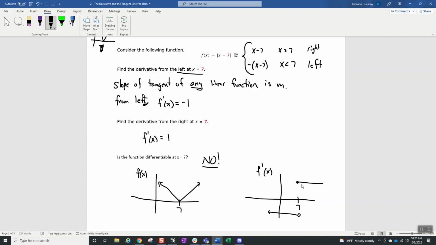Yep, from the right it's +1, from the left it's -1. Notice the derivative does not exist here at 7 because the limit from the right is not equal to the limit from the left. Therefore, that limit doesn't exist. That limit is how we define the derivative, and so no, it's not differentiable. So even though it's continuous, it might have a pretty nasty gap in it.